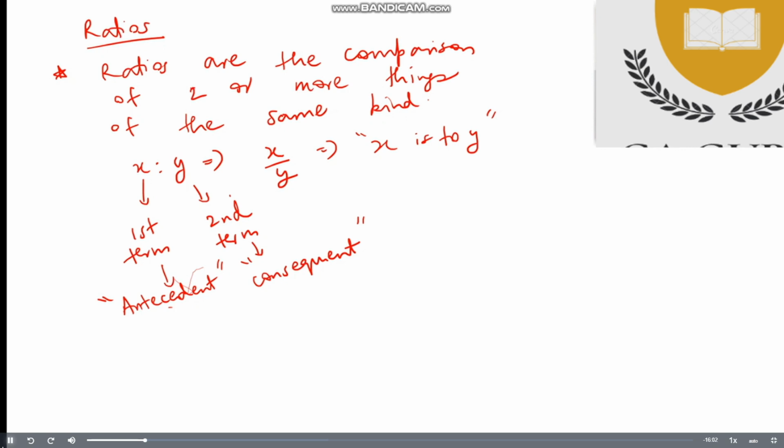And they must be of the same units. Ratio as such has no units. Ratio does not have any unit. Let me go through a few questions for your practice.